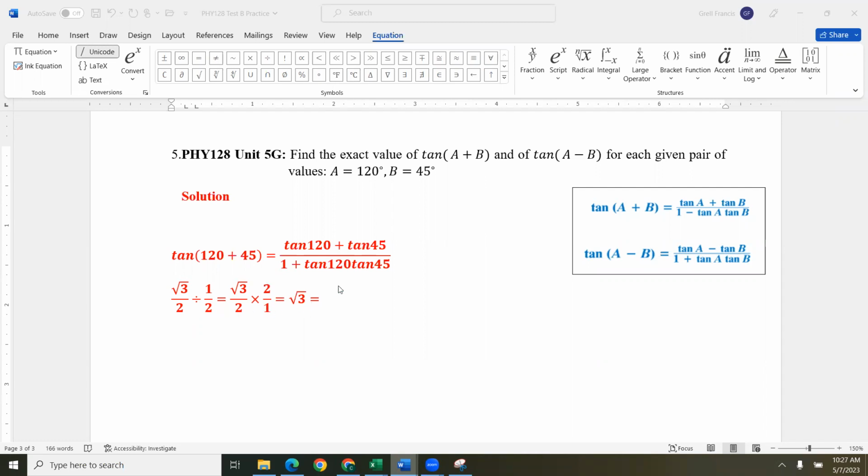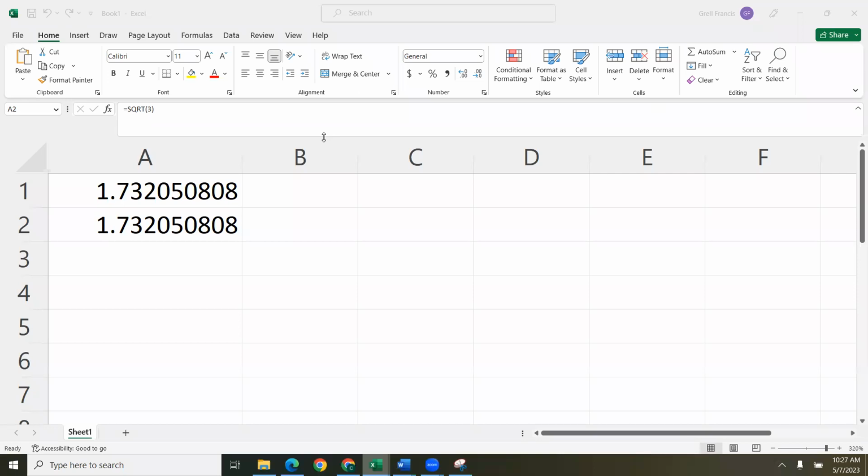And let's prove that root 3 is 1.73. So we have just proven that the square root of 3 is the same as root 3 over 2 divided by half. So therefore now, tan of 120 is negative root 3. That will give us the exact value of tan of 120.